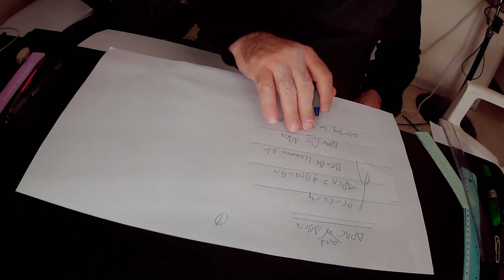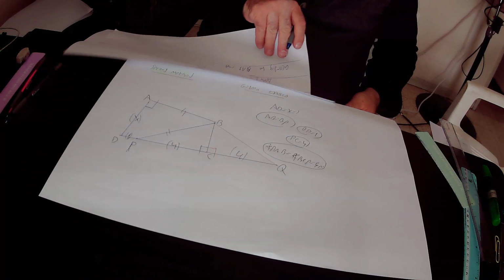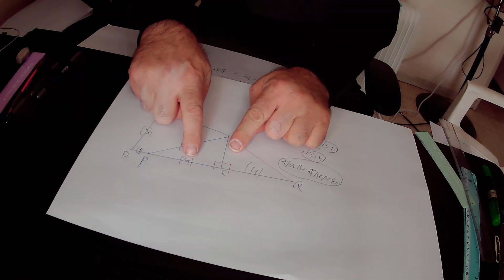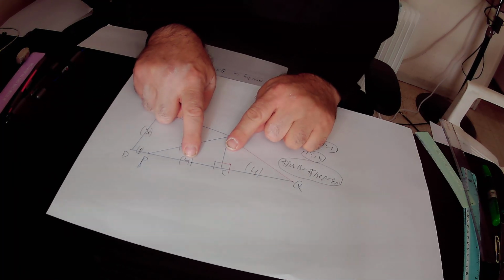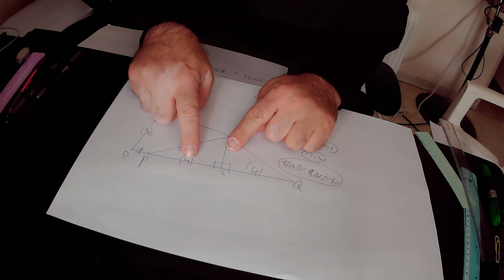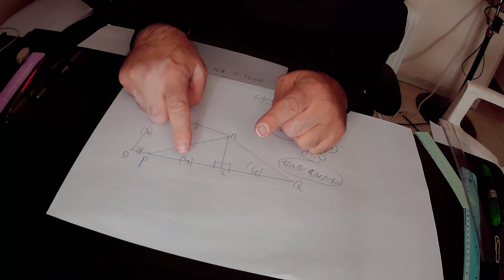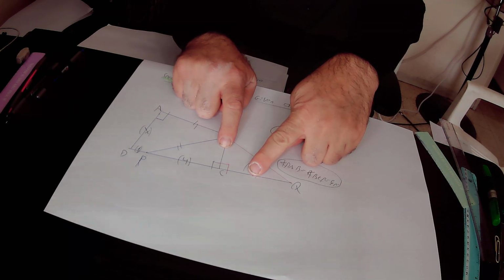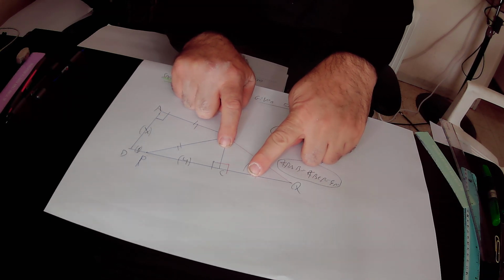That is to say, we should prove that those two sides and the angle included between those two sides in this right triangle PBC are equal to those two sides and the angle included between those two sides in this right triangle BCQ.